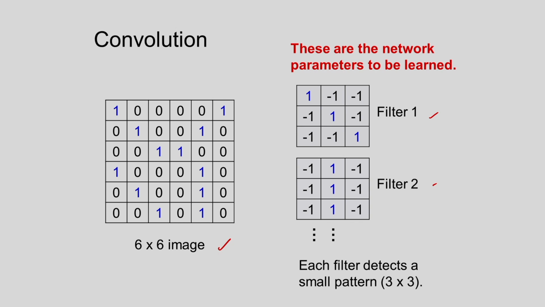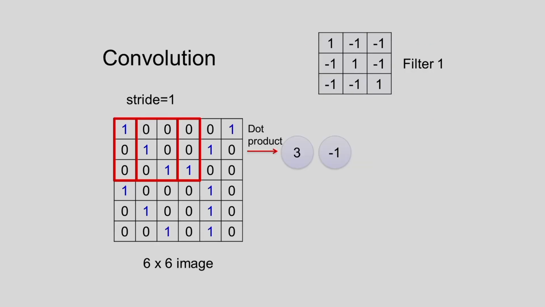And we have to consider a network, so we have to learn the parameters of the network. For this we are considering the filters, filter 1, filter 2, and a number of filters, and each filter can detect a small pattern, which may be a 3 by 3 pattern. So let us see this convolution procedure.